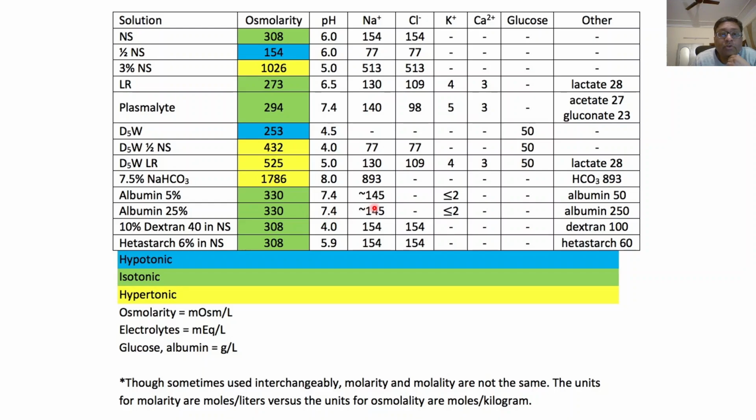We ignore albumin, but albumin also has a lot of sodium and is hyperosmolar, 330, 330. Colloids like hetastarch are also concentrated. They also have sodium chloride in equal quantity, but relatively higher. So these blue ones are hypertonic, these green solutions are relatively isotonic, and these are hypertonic.